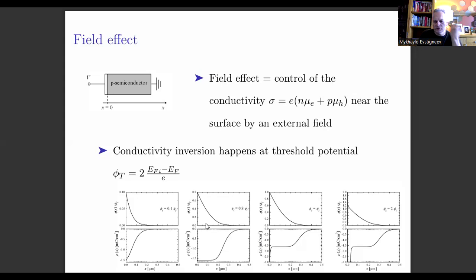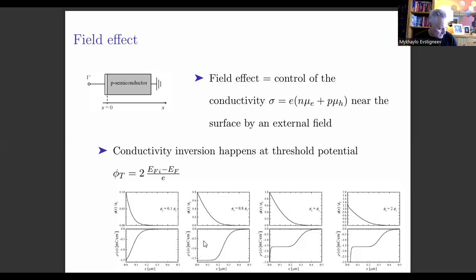Your potential decreases approximately as a quadratic function of distance x from the surface, and the charge density near the surface is approximately constant inside the depletion layer, and it is given by the product of the negative elementary charge, acceptor ions are negative, times the concentration of acceptors. Okay, and at some point the depletion layer ends, and this is all very nicely described by the depletion approximation.